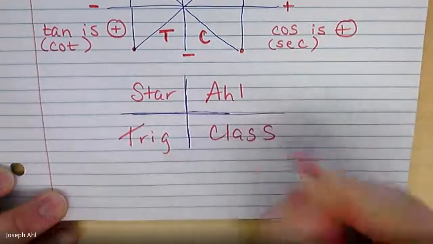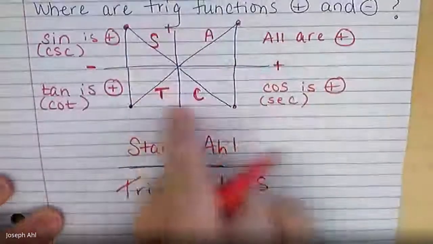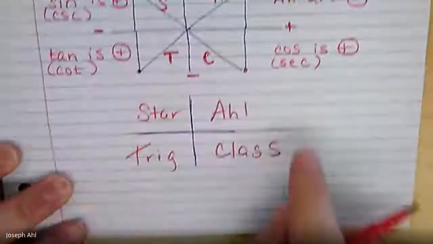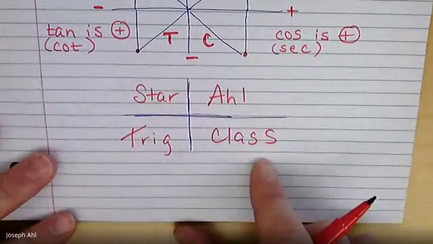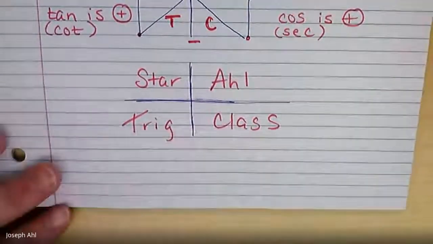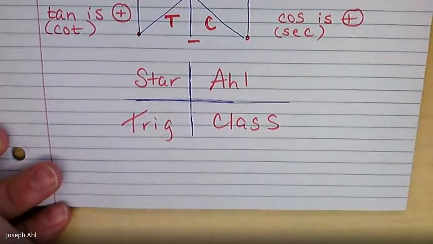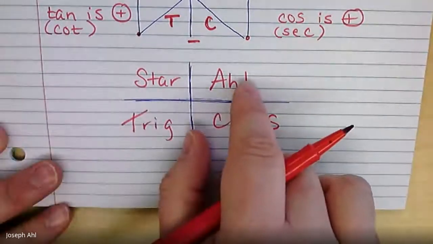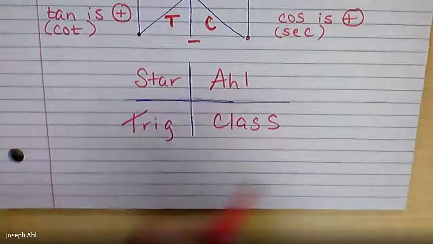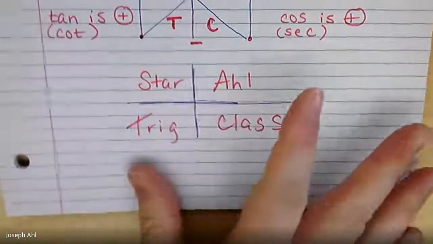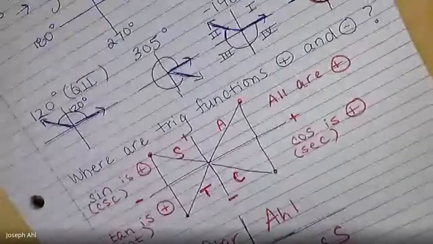Okay? ASTC: all, sine, tan, cos. All-star trig class. That's it. You're going to hear me say this a lot. So in my all-star trig class, you're going to use this information to determine where trig functions are positive and where they are negative. This takes a little while to get used to, but I promise with some more examples, you will get the hang of it. All right, let's take a look at the following examples.